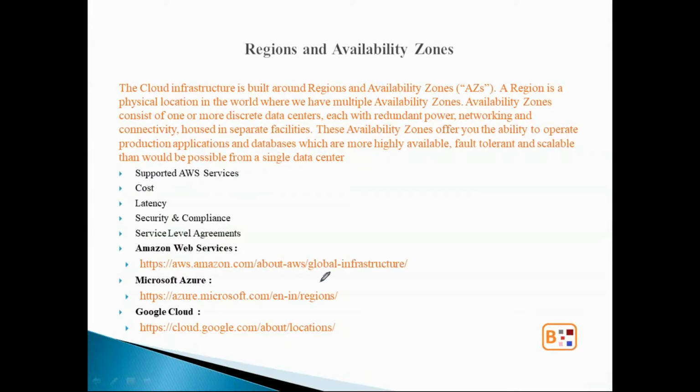So I mentioned three URLs here. First, Amazon Web Services, where you can check the region and availability zone, and then Microsoft Azure and Google Cloud. If you hit these URLs, you will find the regions and availability zones provided by the cloud provider or vendor.